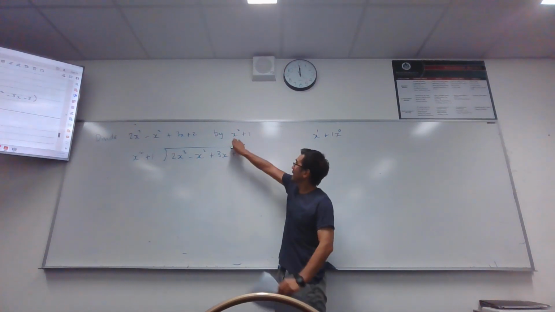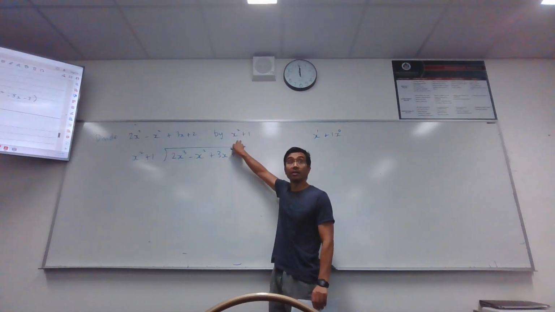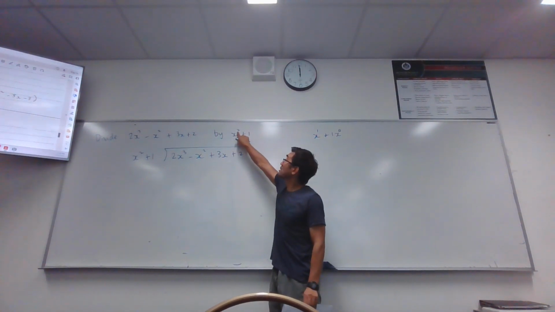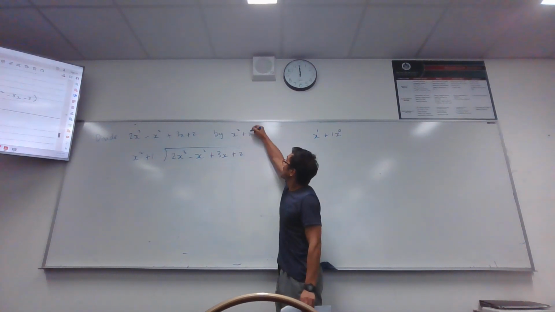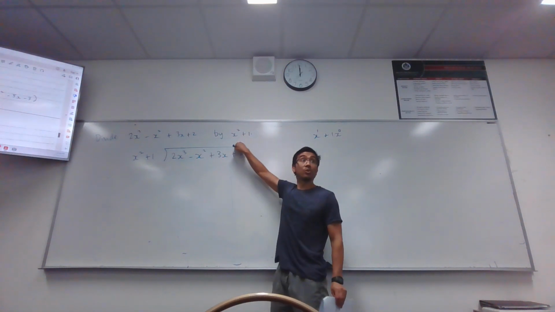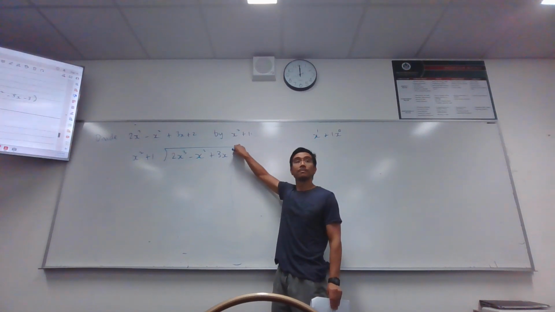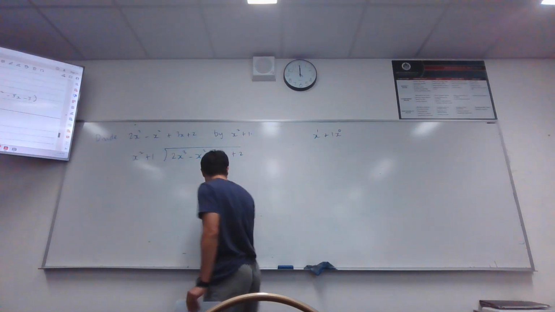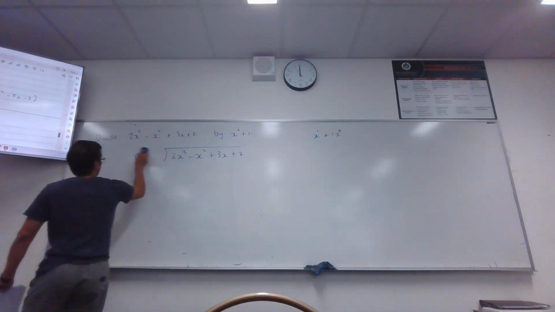But sometimes you're being asked to divide with one thing, but the difference between them is 2 powers. x squared, this is x to the 0. So we have to make room for what's in between. What's missing in between these two sets of powers? X to the power of 1. We're missing an x. So instead of doing this, we need to make room.